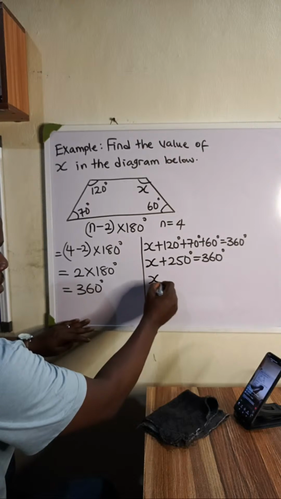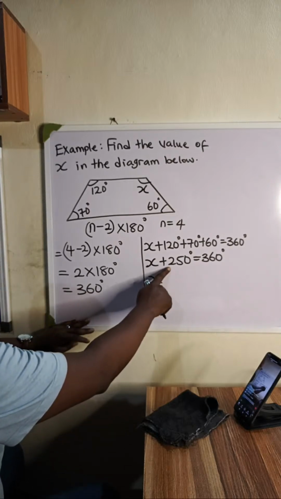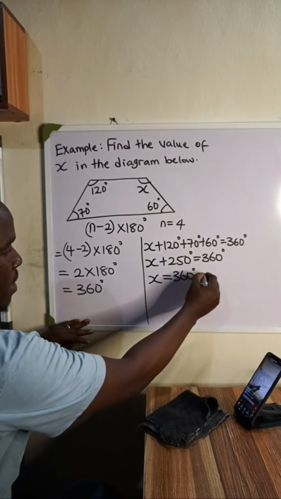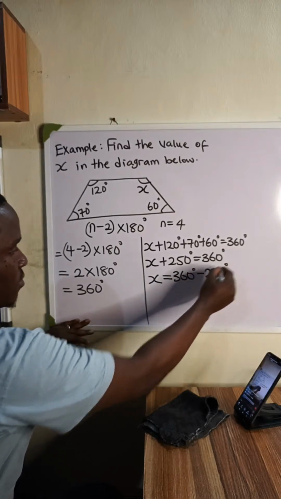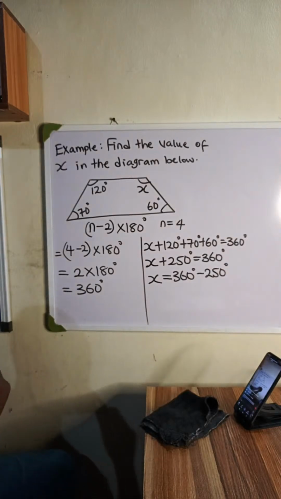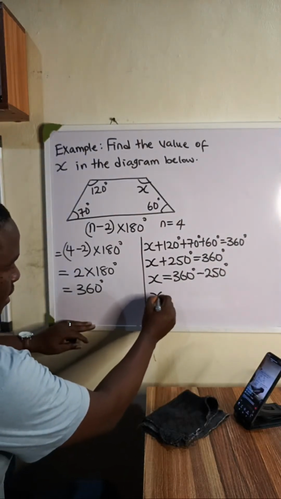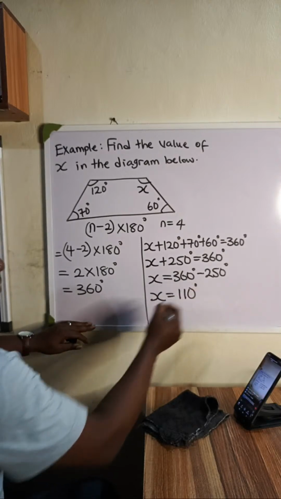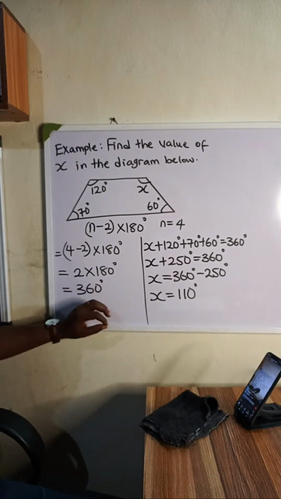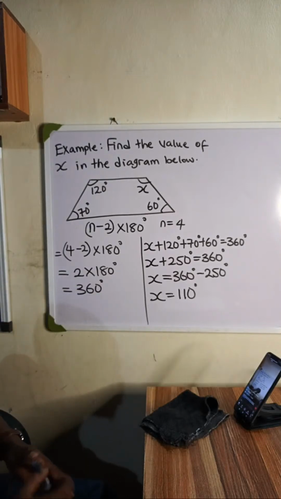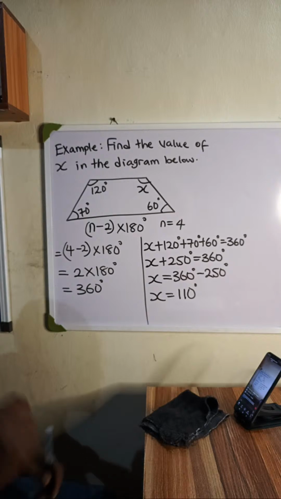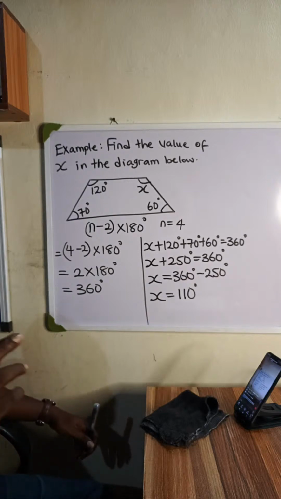Moving the 250 degrees to the right, we have 360 degrees minus 250 degrees, so x is equal to 110 degrees. So the knowledge of the sum of angles in a quadrilateral has helped us find the value of this missing angle. That is the benefit of knowing the sum of angles in a particular polygon.